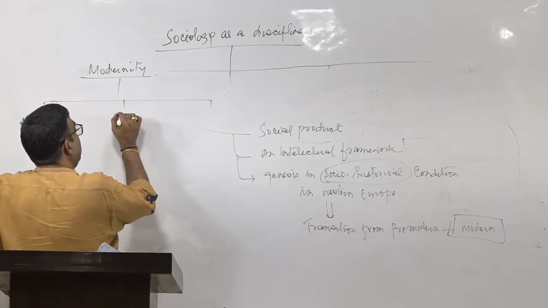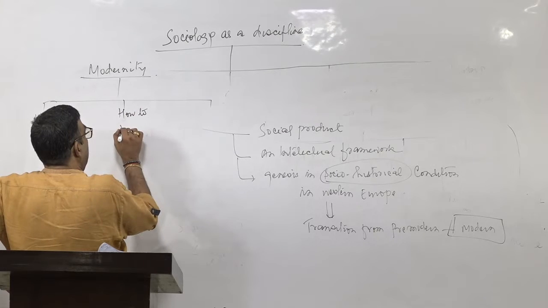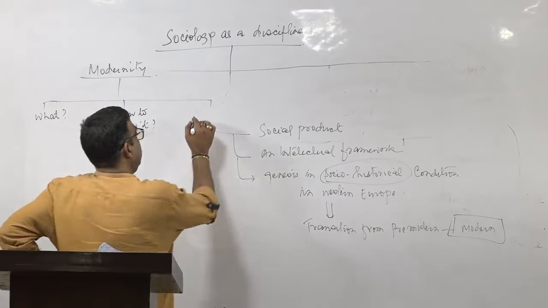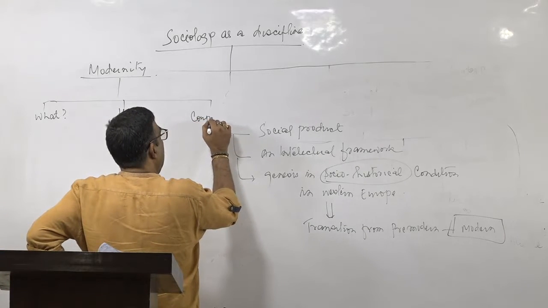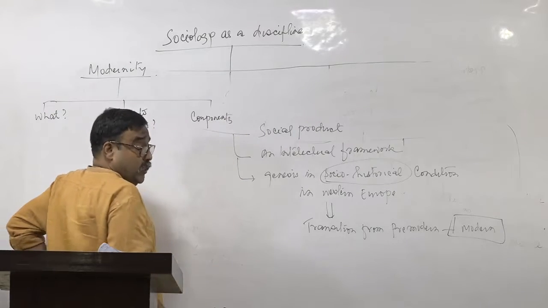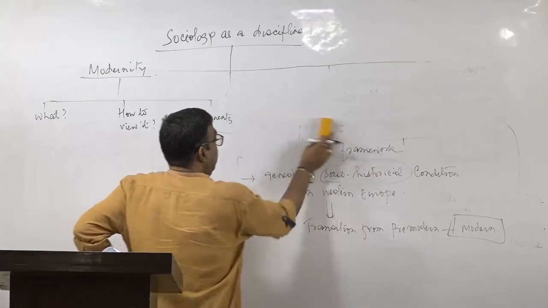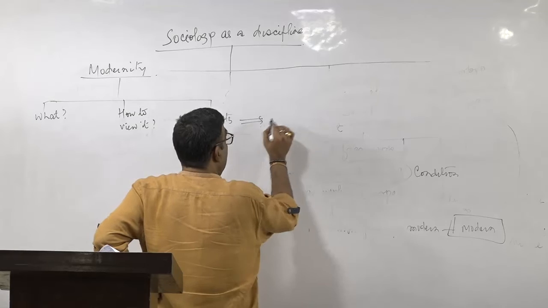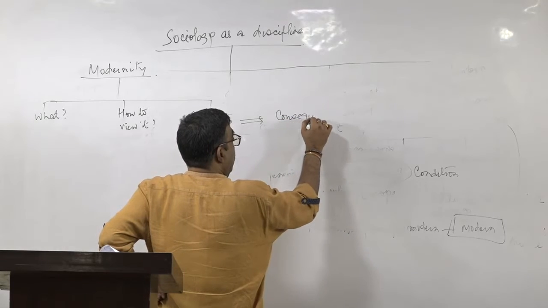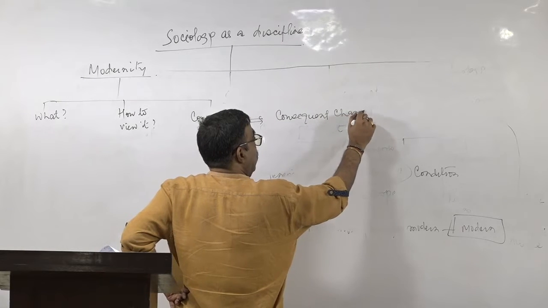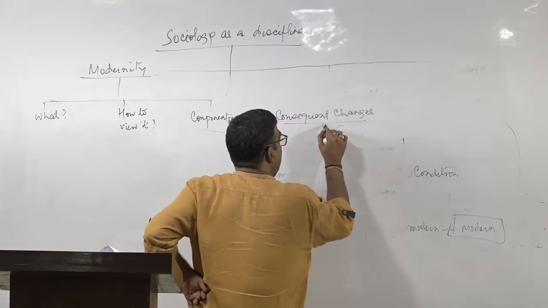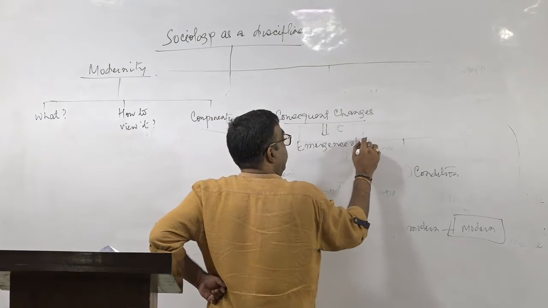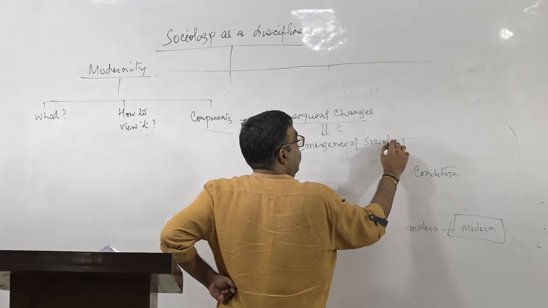That is, how to view it, and what are the components. And once we have talked about what are the components, then we'll be looking at the consequent changes, within which we'll be looking at the emergence of sociology.